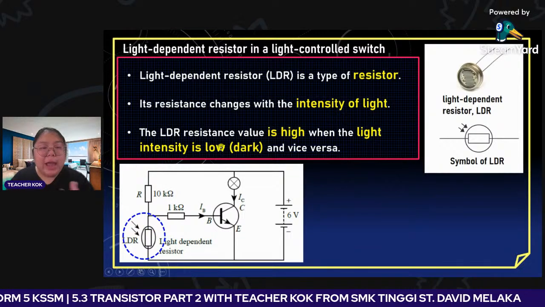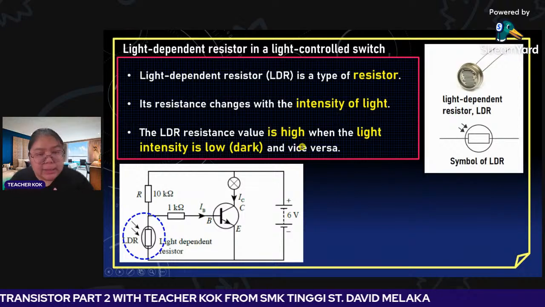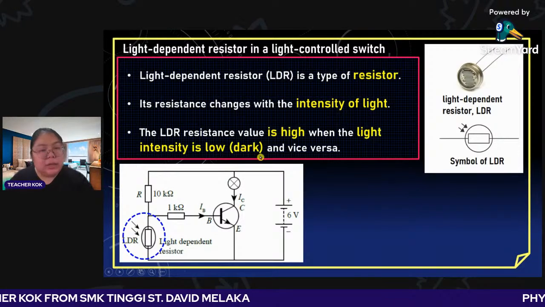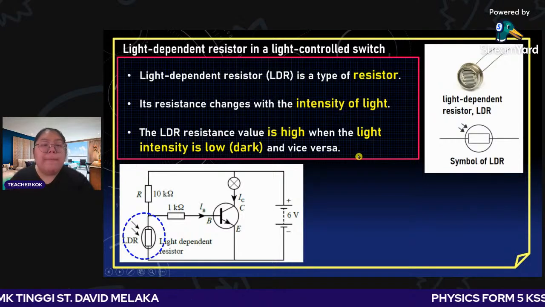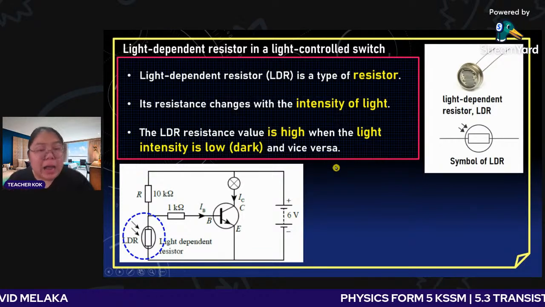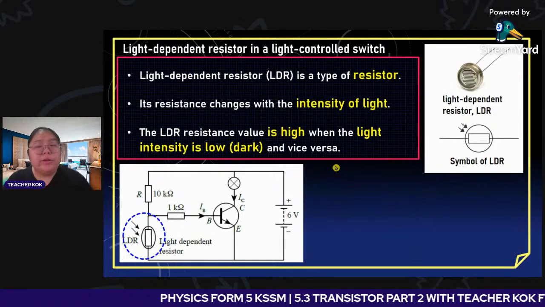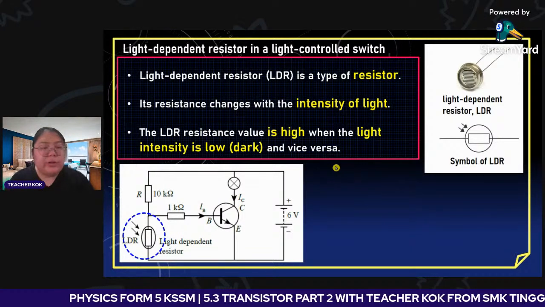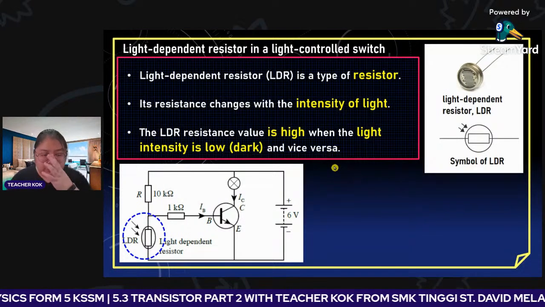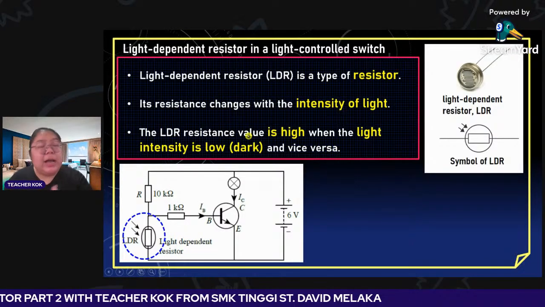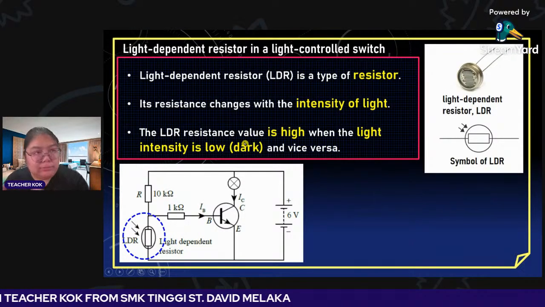So you can see the LDR value is high when the light intensity is low, and vice versa. That means during the dark, resistance is high. Okay, during the day it is the opposite. So the LDR value is high when it is dark, during the night.